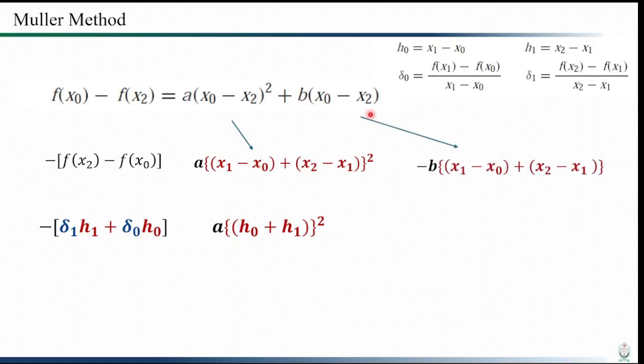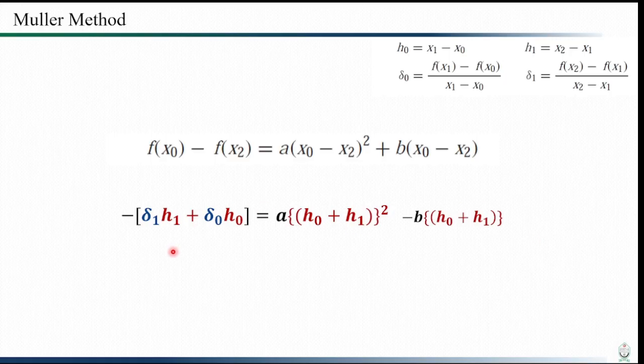If we look at this term, it can be rewritten as this, and further it can be rewritten as this. So that makes equation number 4 to be of this order. Here, the unknown quantities are A and B, and all these other quantities are known to us.